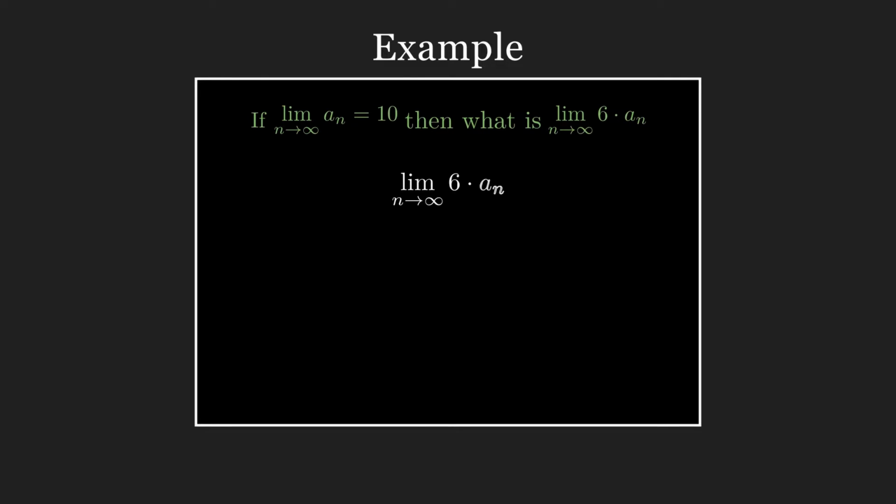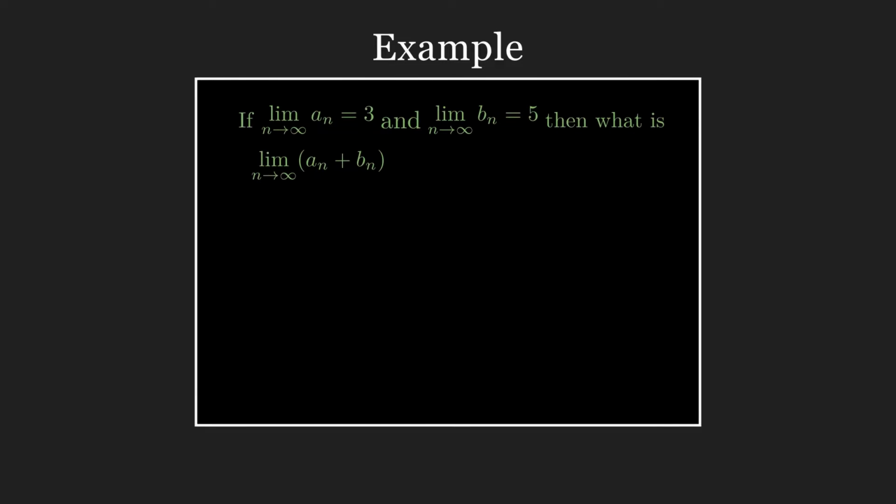So limit of 6 times an as n approaches infinity, you can move 6 to the front and multiply it with the limit. So you get 6 times limit of an as n approaches infinity. You know that limit of an as n approaches infinity equals 10. So substitute it and you'll get 6 times 10, which equals 60.